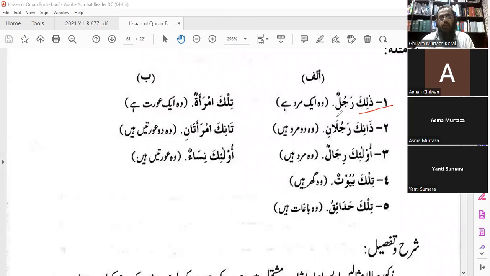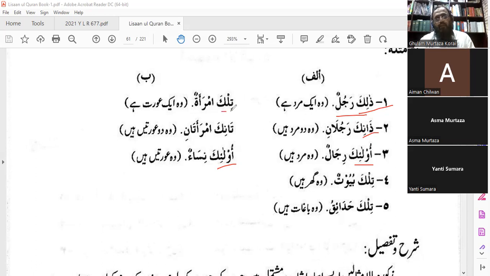Dhalik is what? Ismul Isharati lil Ba'id, and for Muzakkar Wahid. Dhanika comes before Musanna Muzakkar. Dhanika Rajulani. Ulaika is common for Jama Muzakkar Salim and Jama Muannas Salim, right? Ulaika Rijalun. Ulaika Nisaun.